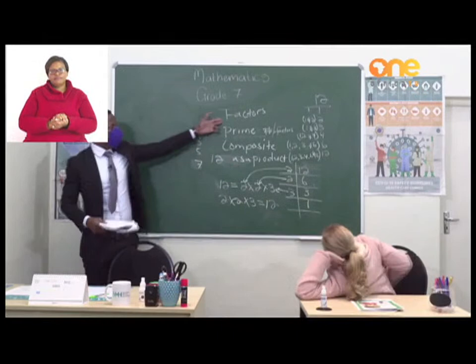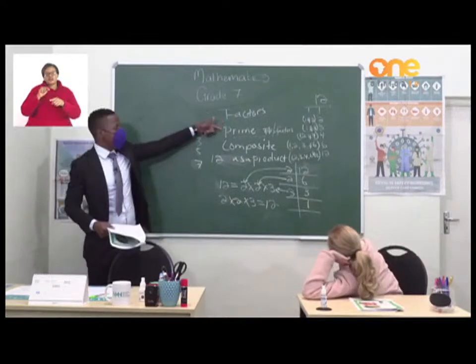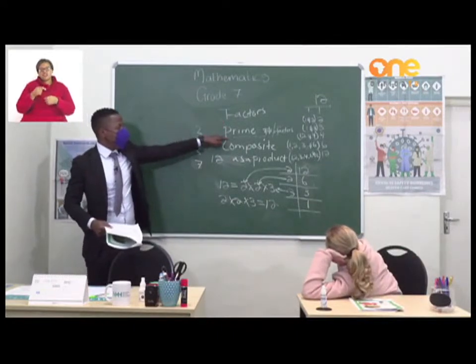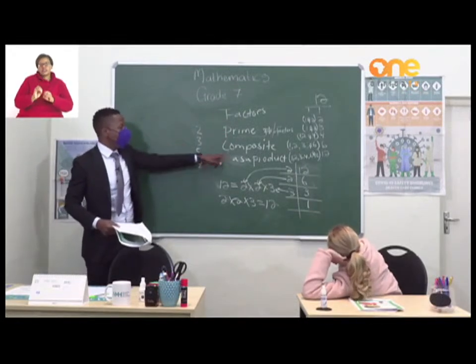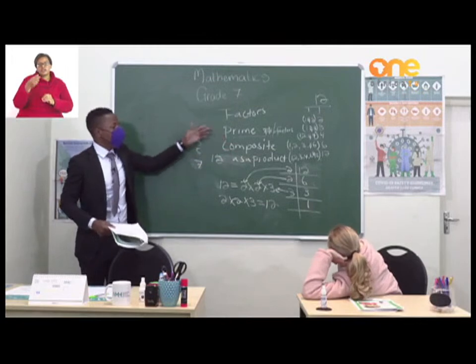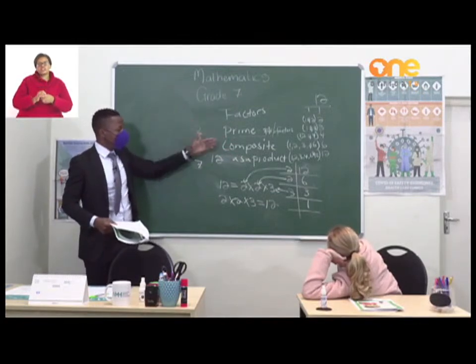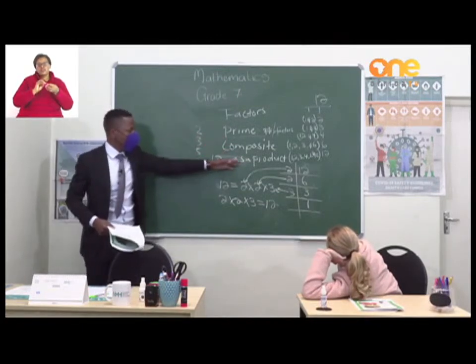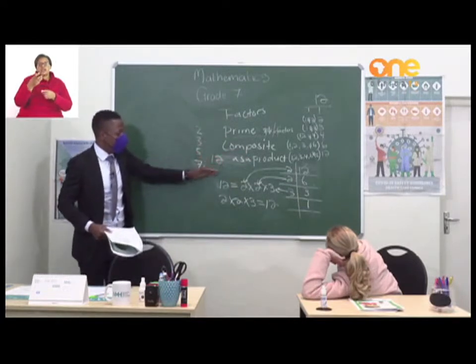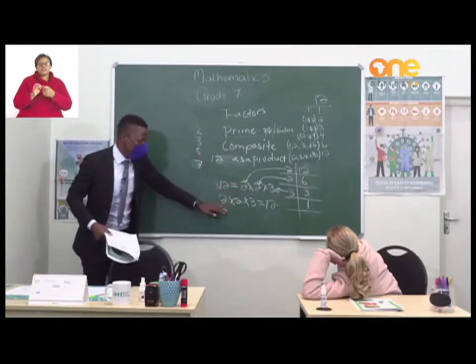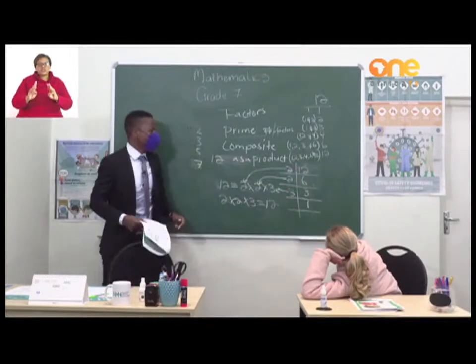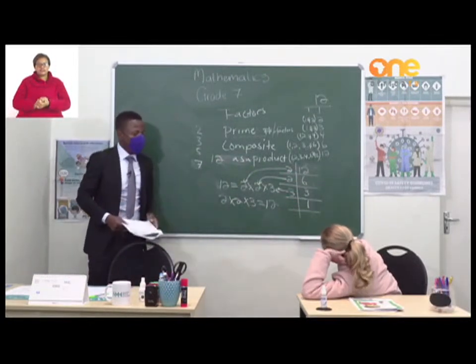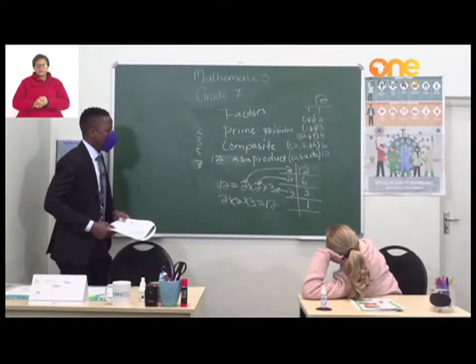A factor is a number that goes into a number without a remainder. A prime number has 2 factors, one and itself. A composite number is a number with more than two factors. Writing as a product of its prime factors, you do it this way, but you need to show your work on how you get to the answer.